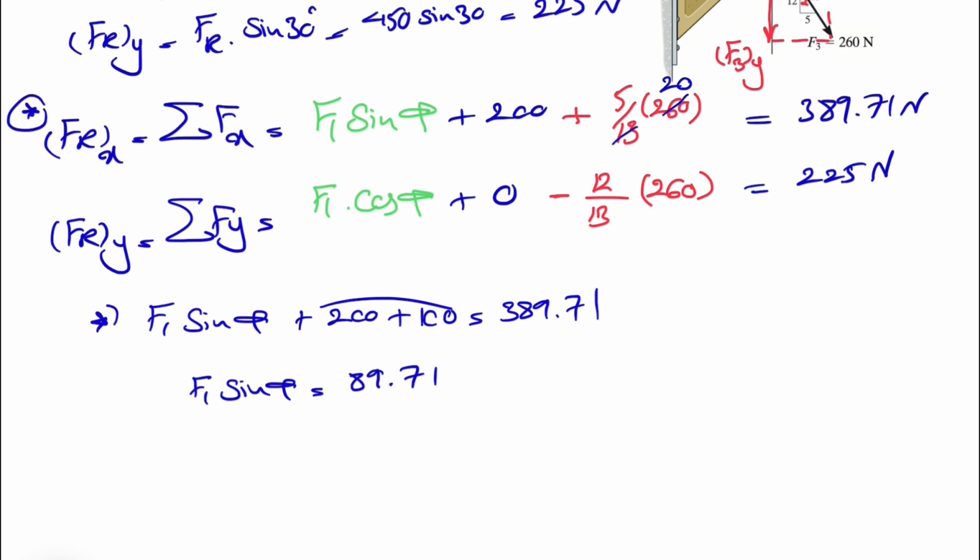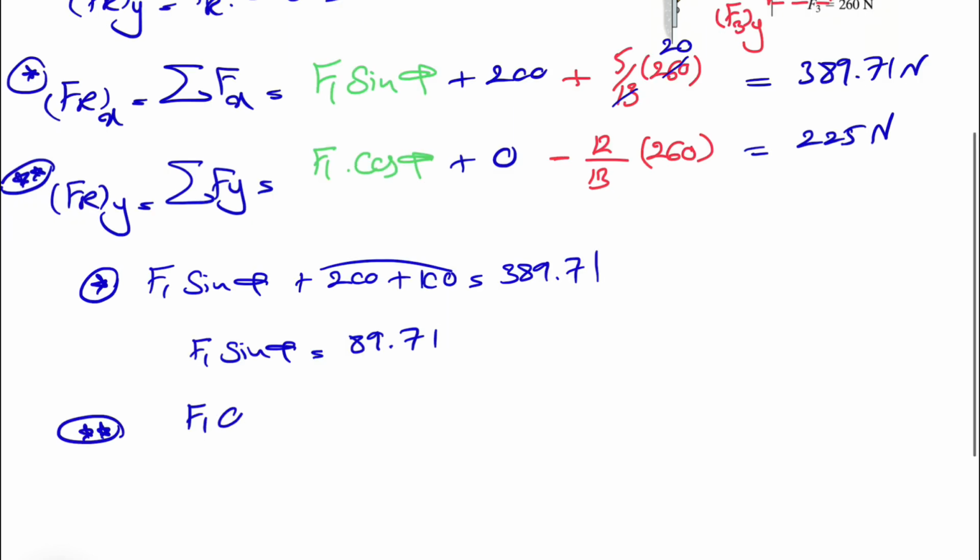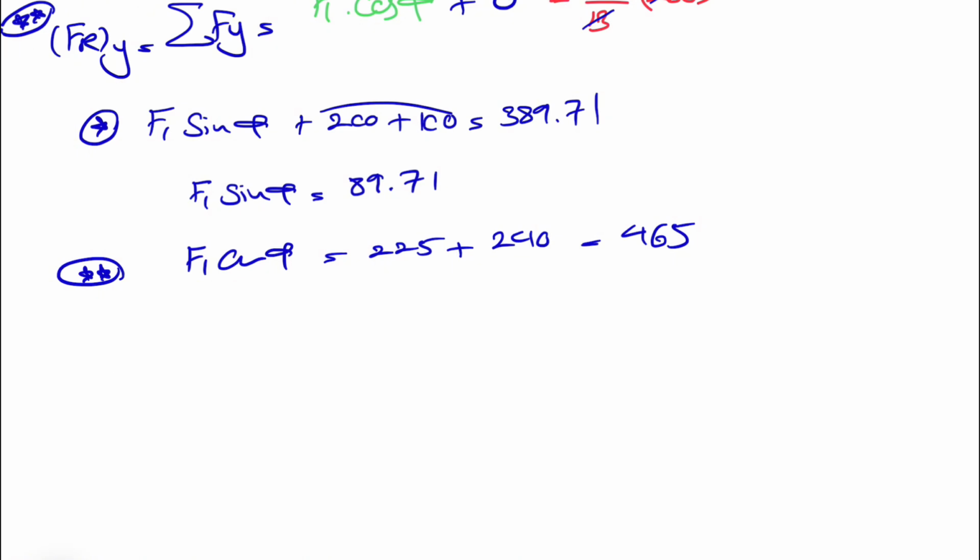That was from this equation, and from the second one, we're going to get F1 cosine of phi, which is equal to 225 plus 12 times 20, which is 240, or 465.